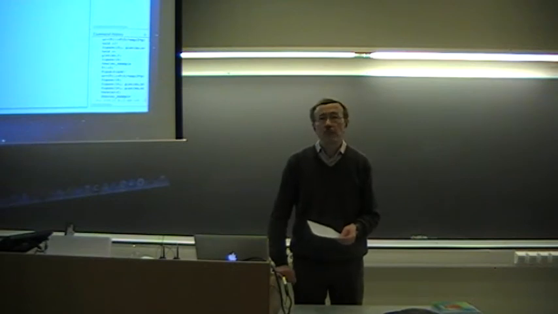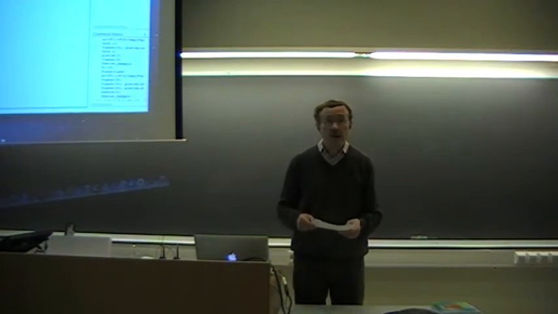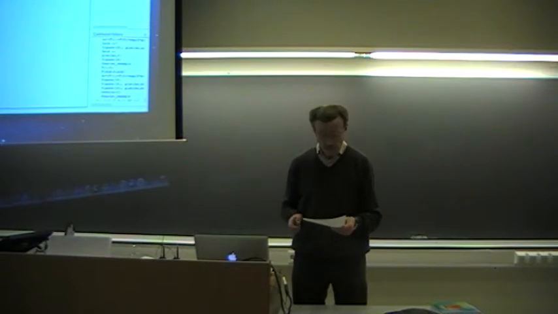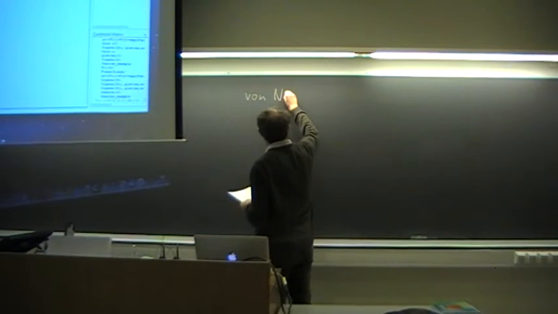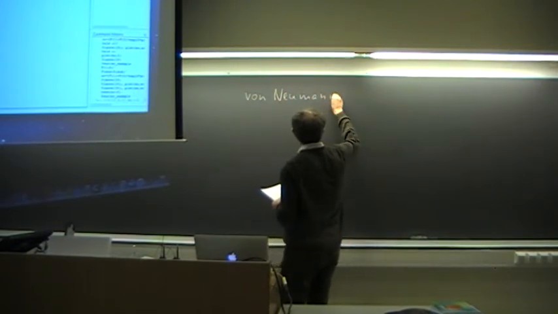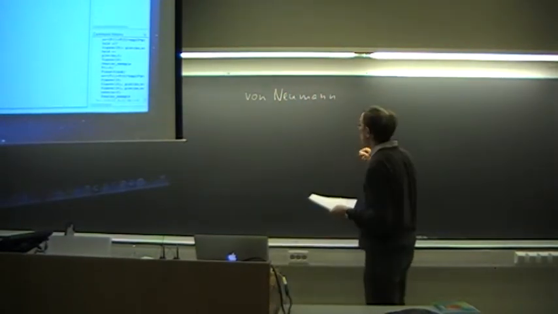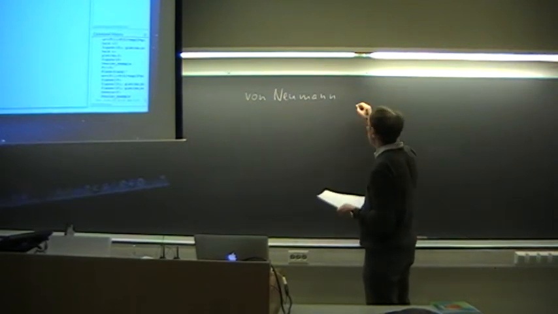Morning and welcome. So we have been looking at the von Neumann Stability Analysis, and that is very important, as you have already seen, but you will see it also in exercise 5.